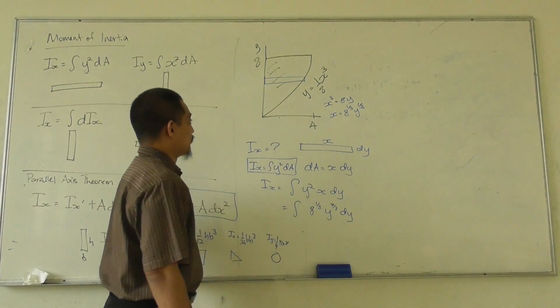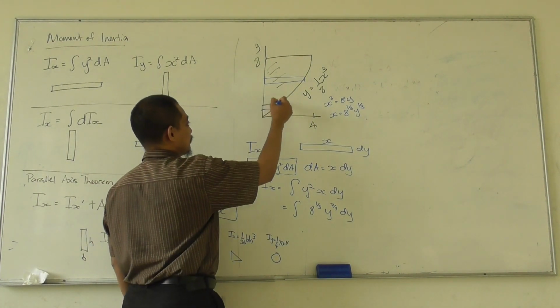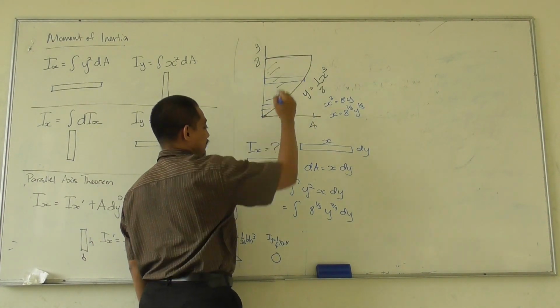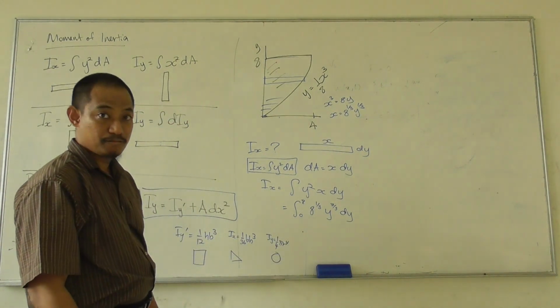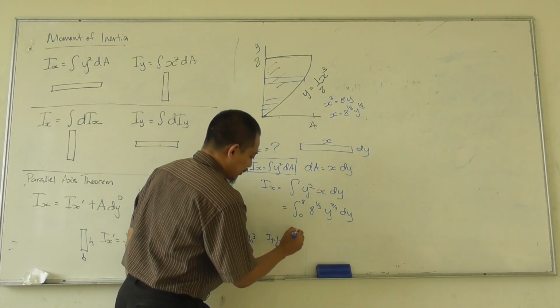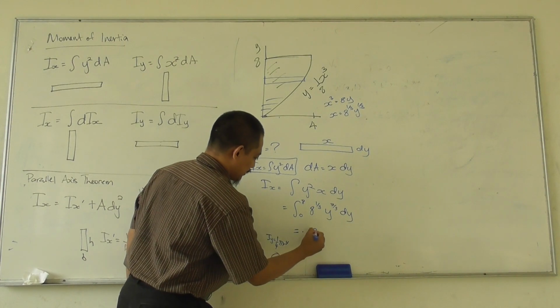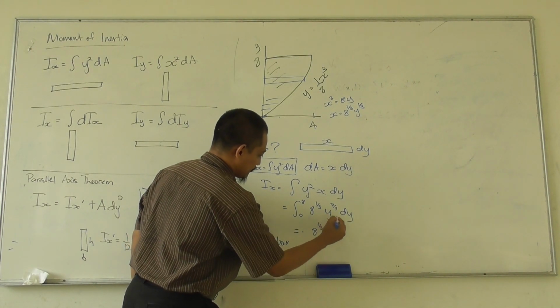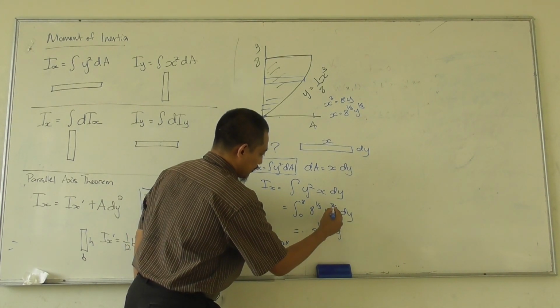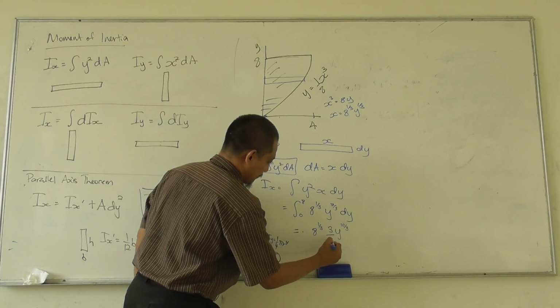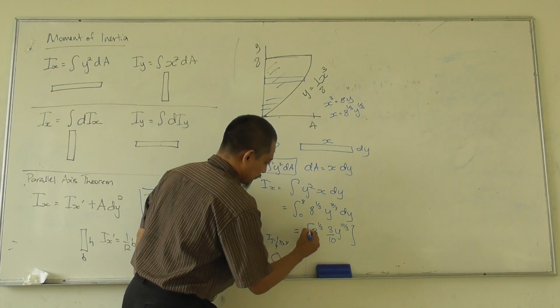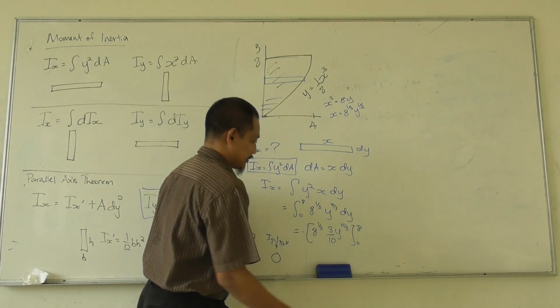And the limit will be what? If you chop like this, the first one and the last one there, so from 0 to 8. And then it's just integration. So 8 to the 1 over 3, and we'll have here y to the 10 over 3, times 3 over 10, from 0 to 8.